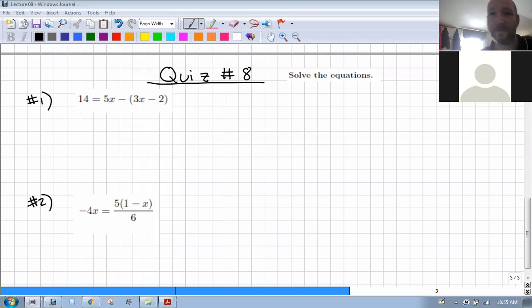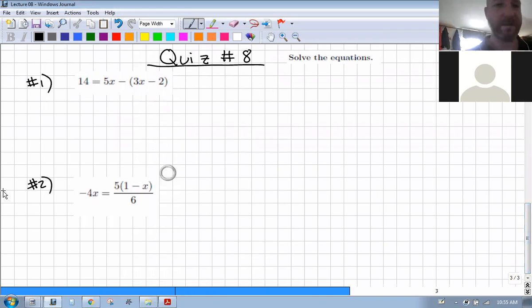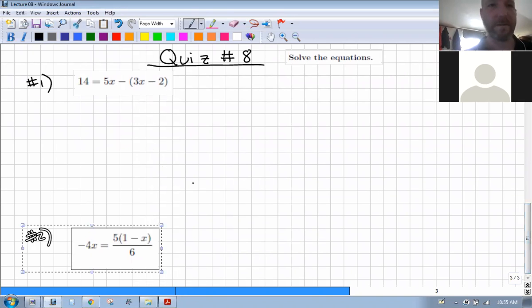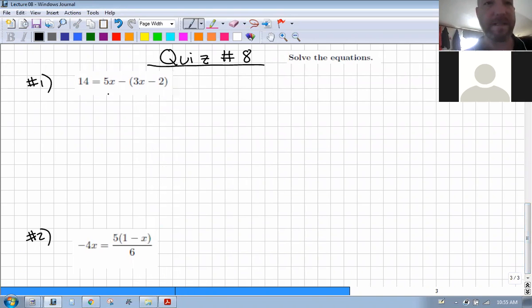All right, class, welcome back. Let's look at number 1 here. We have x's in 2 different locations. We need to get those x's together. The first thing I did is distribute this minus sign through here.